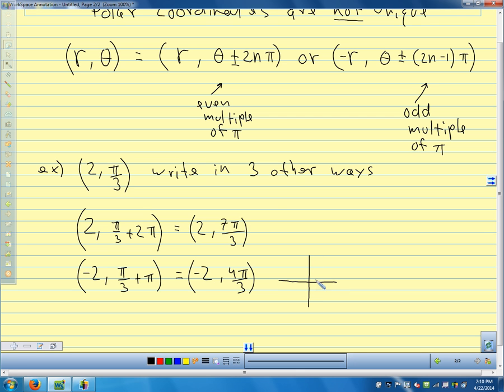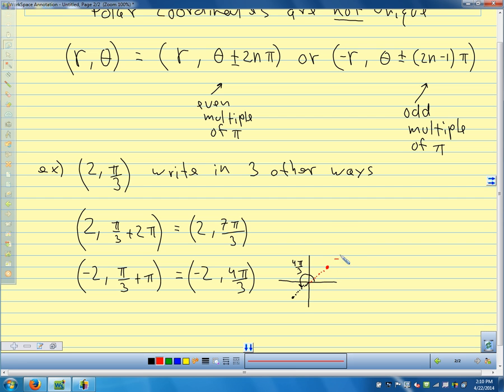I'm going to go from here around 4 pi over 3 radians. So there's 4 pi over 3. And rather than going 2 units on the terminal side of this angle, I'm going to go back the opposite direction and go 2 units in the opposite direction.